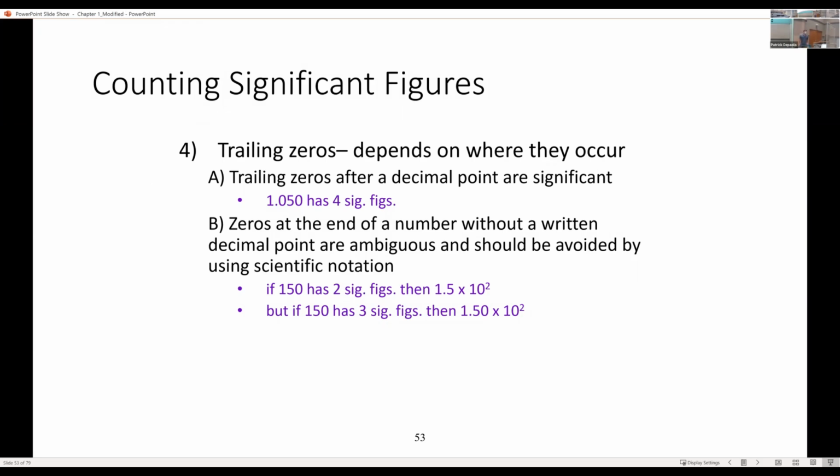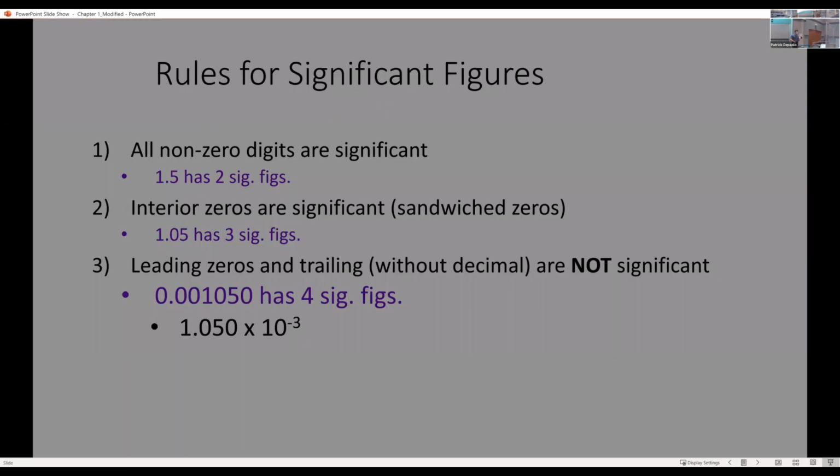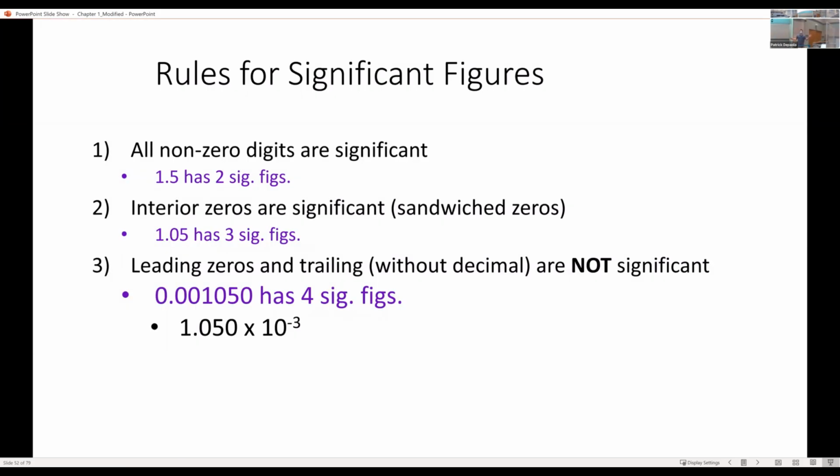Let's start with leading zeros first. Leading zeros are never significant. For example, in the number 0.001050, these three zeros in the front are not significant. They just take the place of those numbers; they're placeholders.